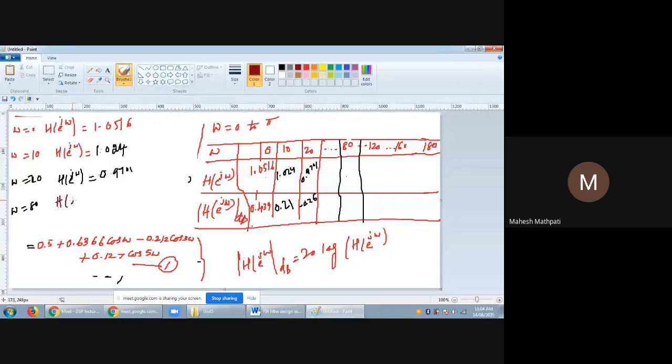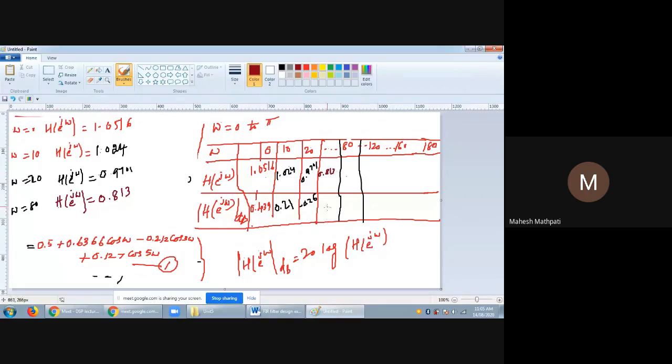H of e power j omega is equals to 0.813. ठीक है, 0.813.